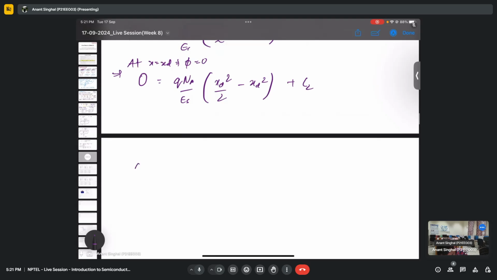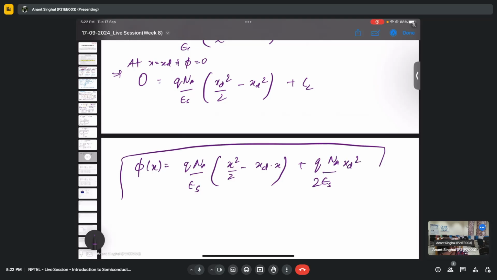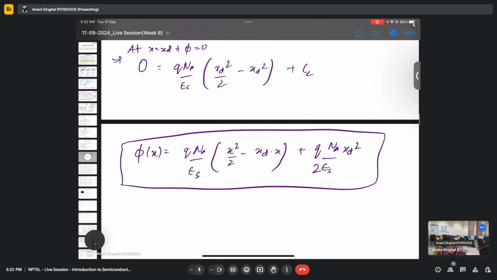What it gives me, writing psi of x directly now, is x square by 2 minus xd times x, which boils down to half. So this will be QNA by epsilon S times (x minus xd) whole square by 2. So this is the potential profile, again similar to that of the diode.